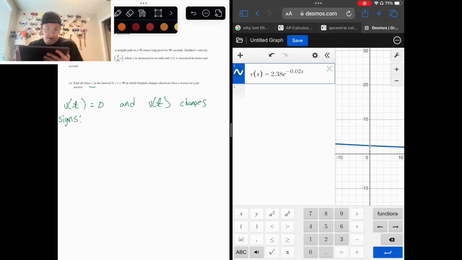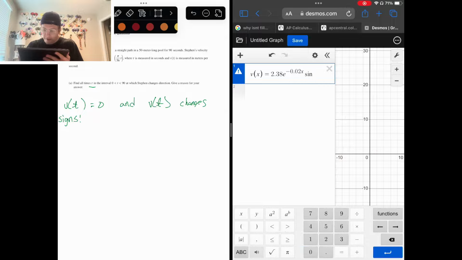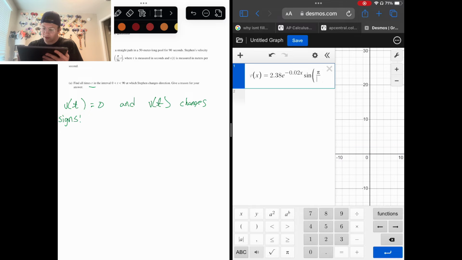Make sure to bring that down, times sine of pi, divided by 56 times x, and close that parenthesis.